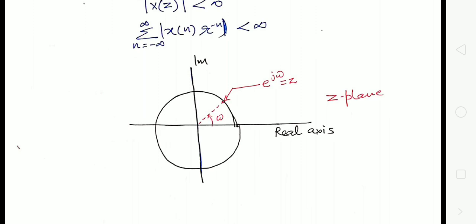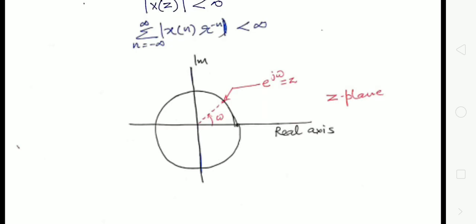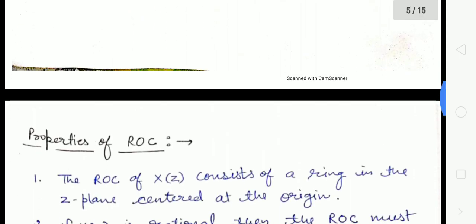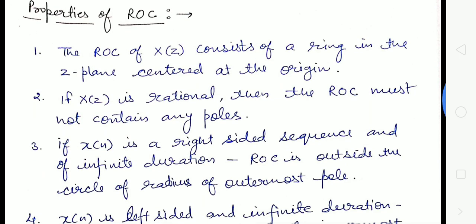The length of the radius will be the same throughout the circle, but the angle will change, so we will get the circle.